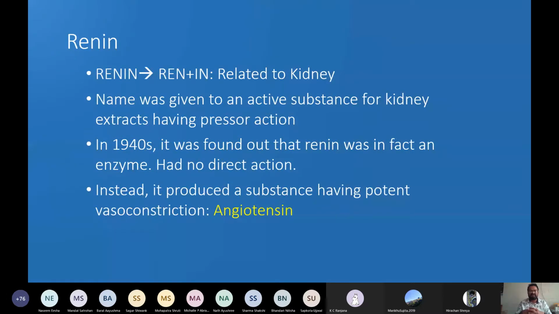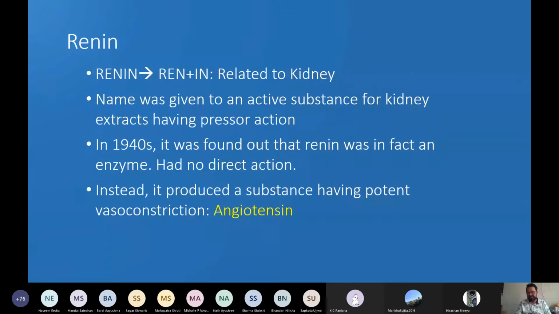Then they found another substance which was able to constrict the blood vessels and increase the BP. That substance was called angiotensin. Please remember this name. The topic we are discussing is renin angiotensin. So renin and angiotensin are very closely related.